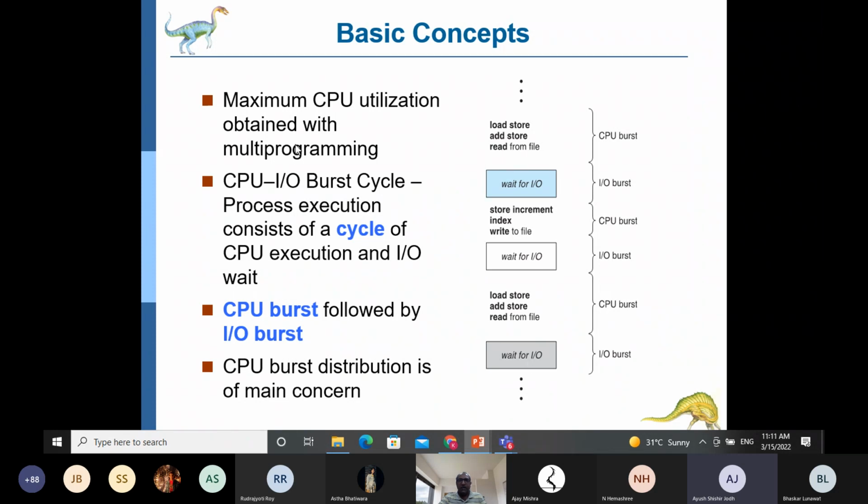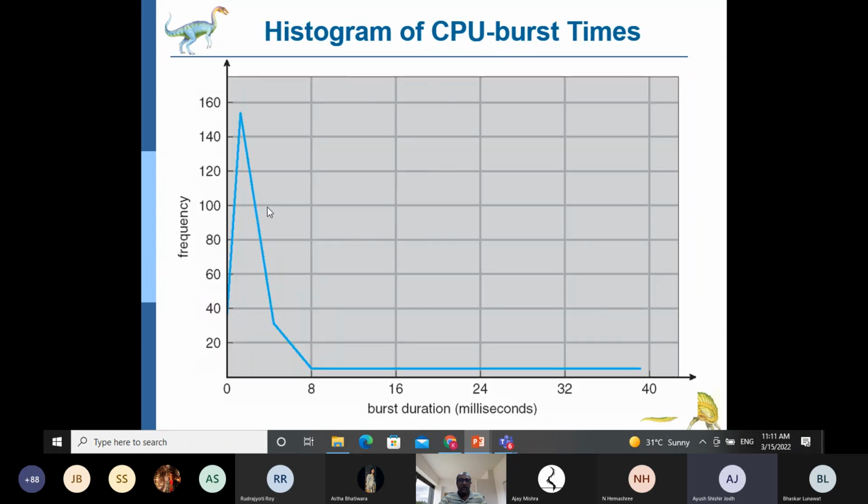And when you look at the histogram of CPU burst times, suppose a program is there. When you execute that program, for some amount of time a sequence of instructions uses the CPU, and afterwards it requires IO, which it performs with the help of operating system code, and again it comes back for CPU execution.